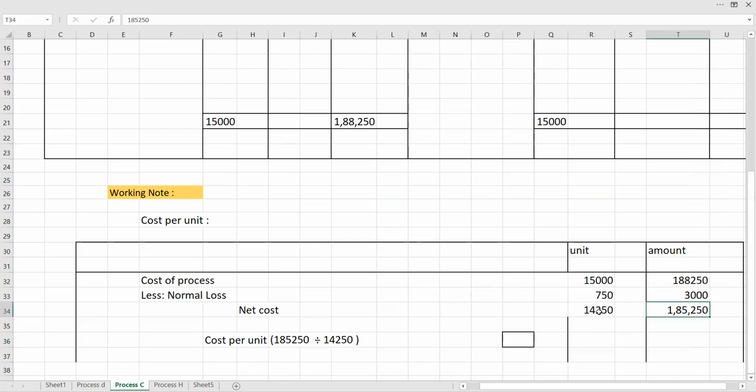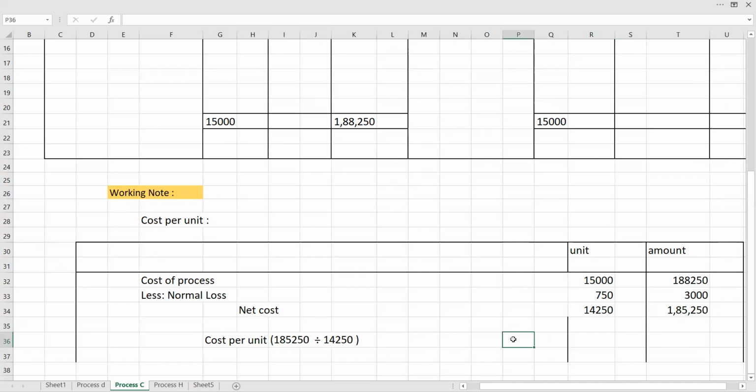So here is a net cost, and we have to calculate the cost per unit. So how to calculate this? Amount divided by units. So 1,85,250 divided by 14,250. We will get our cost per unit.